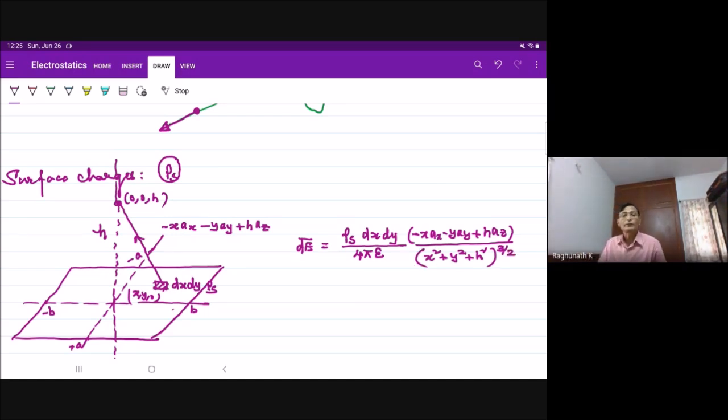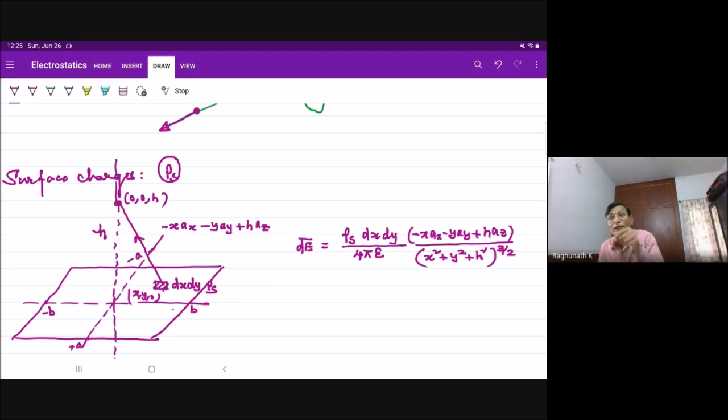Check it once. I told you that this is the engineer's job. Consider the appropriate general element on the surface. Get the charge on that differential element.